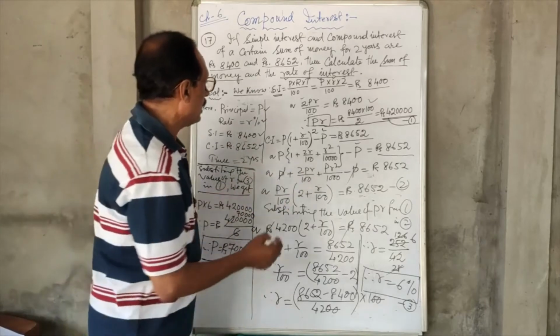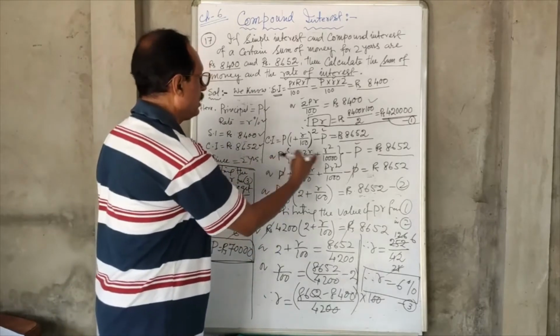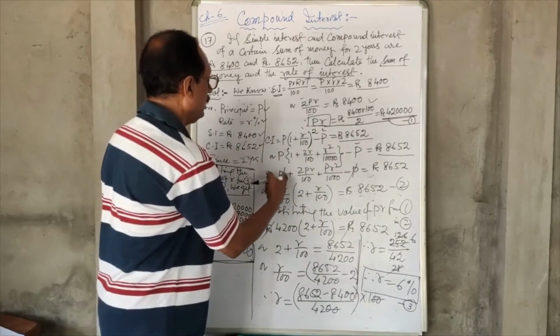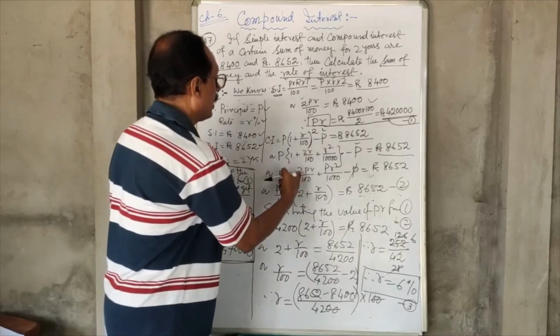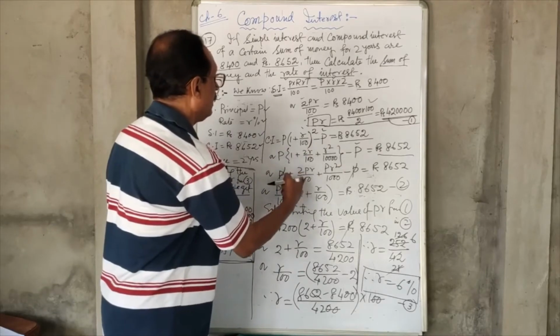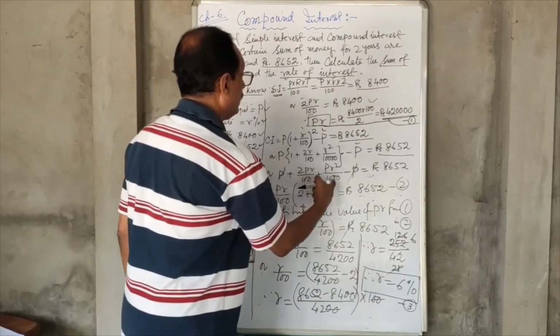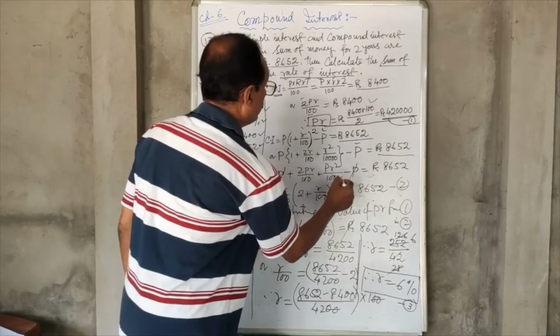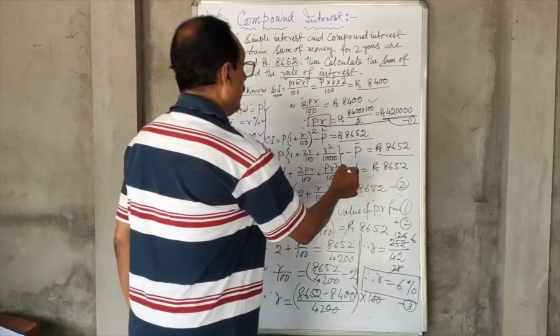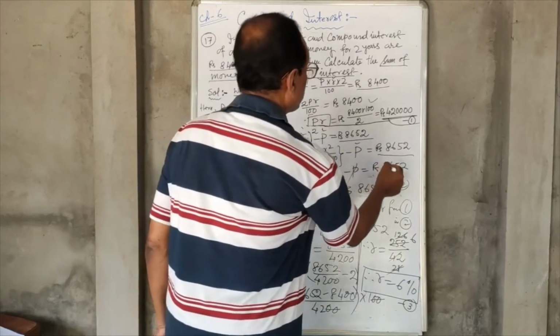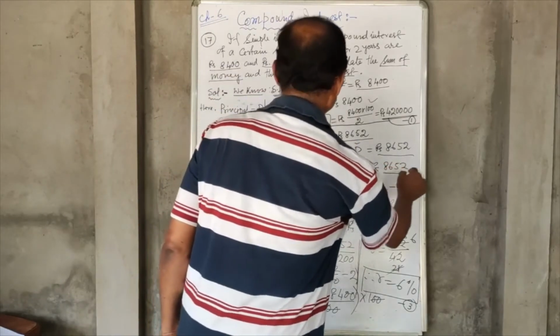After this, we open the bracket: P into 1 is P, P into 2R is 2PR by 100, plus P into R square by 10,000, minus P, which is equal to rupees 8,652.